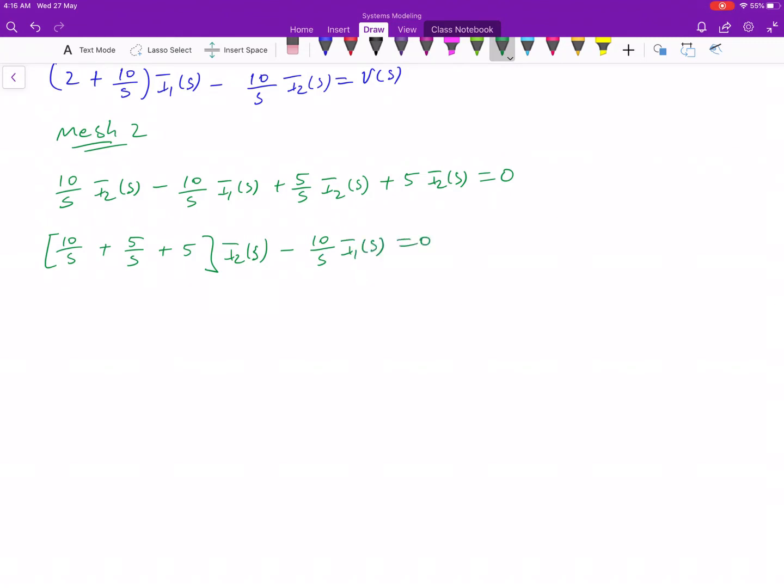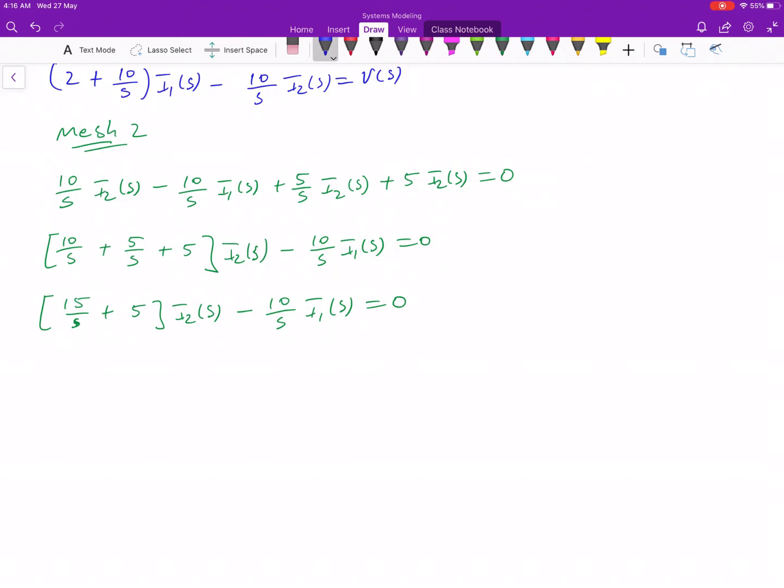To simplify this, this is going to be 15 over s plus 5, times I2 of s, minus 10 over s times I1 of s, is equal to 0.